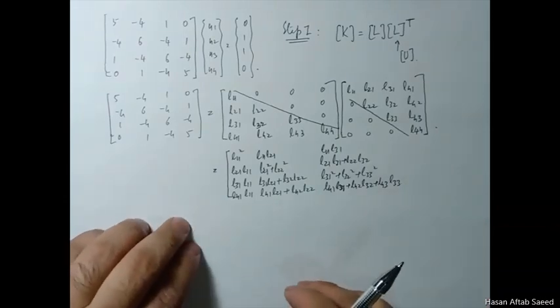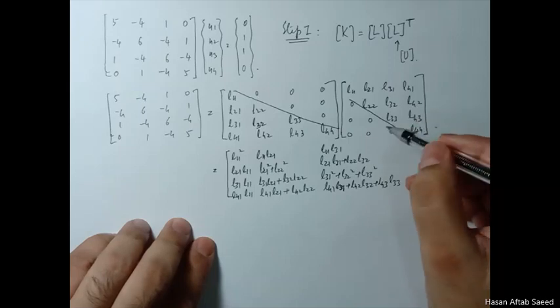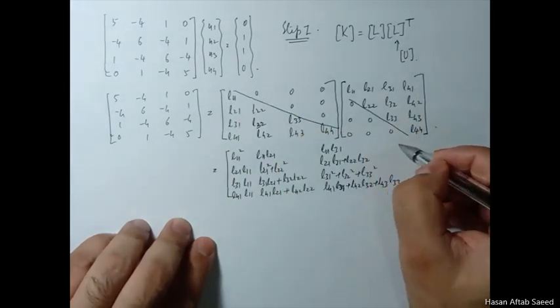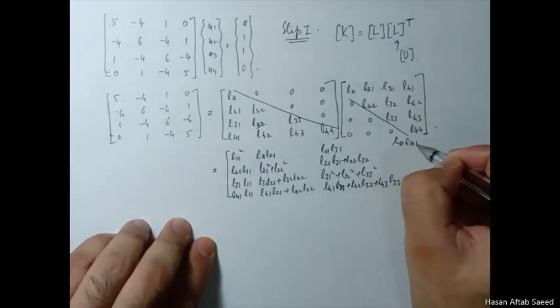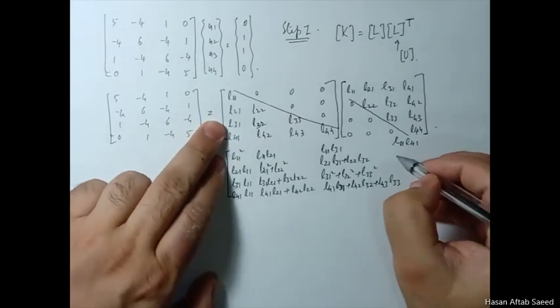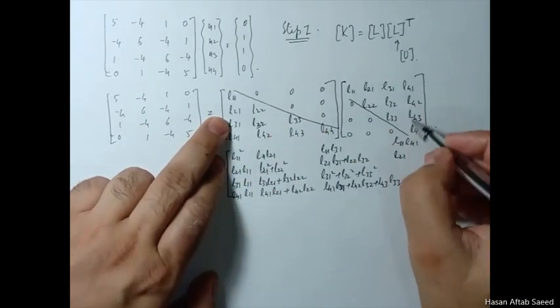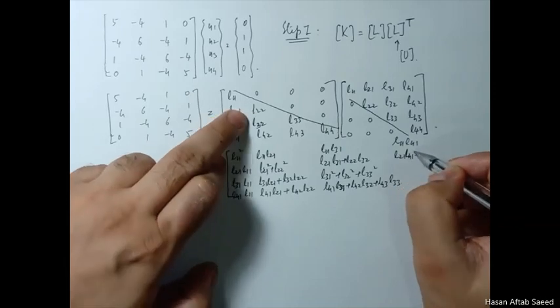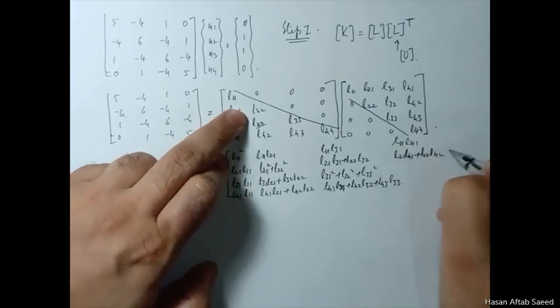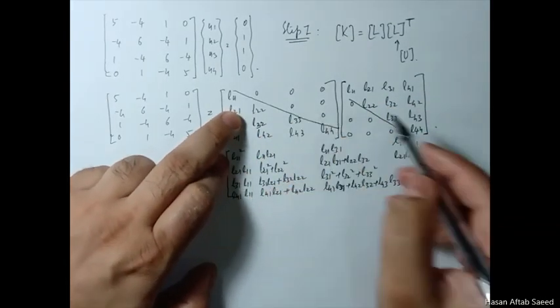And the last one, L11, L41, L21, L41 plus L22, L42, the rest are 0.